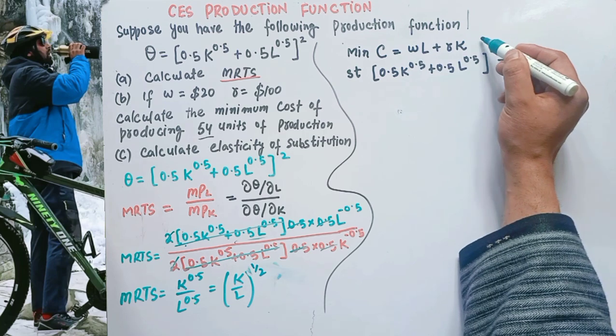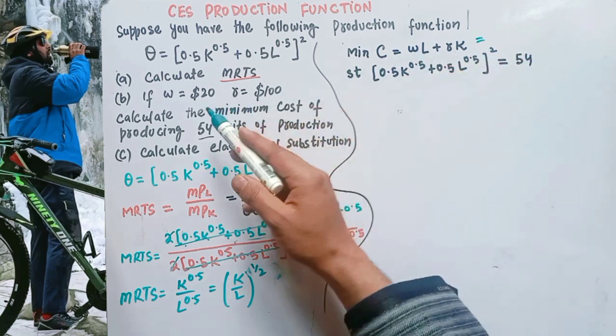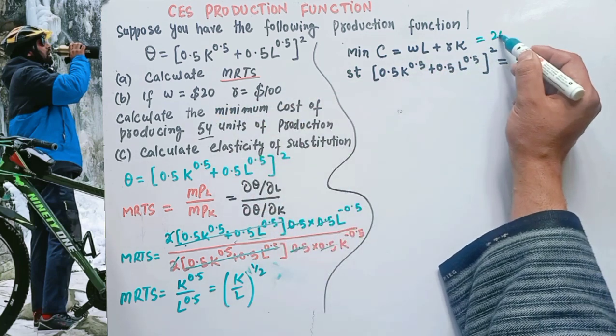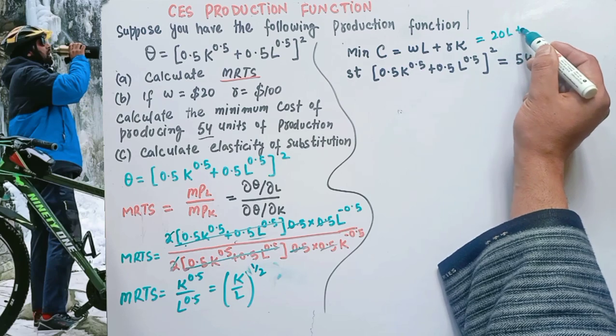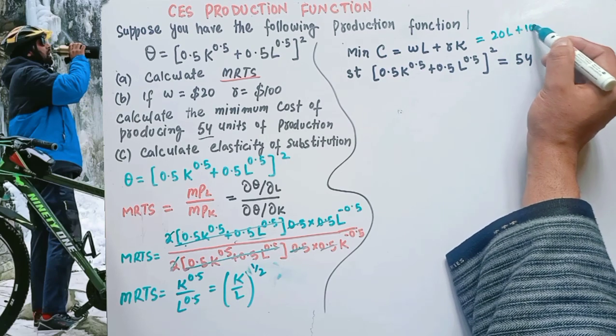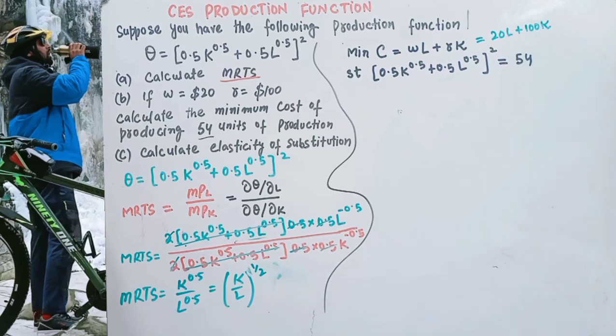The wage is given as 20, so I can write the cost function as 20L plus 100K. This is our function. So we have the cost minimization problem. We can use either the Lagrange method to find the optimal quantities of labor and capital, or the tangency condition.